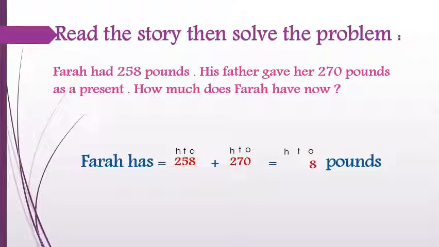Then add the tens. 5 plus 7, 7 in my mind and 5 on my finger. After 7, 8, 9, 10, 11, 12. Then I will write 2 at the tens place and carry up 1 over hundreds. Then add the hundreds. 1 plus 2 equals 3, plus 2 equals 5. So Farah has 528 pounds.